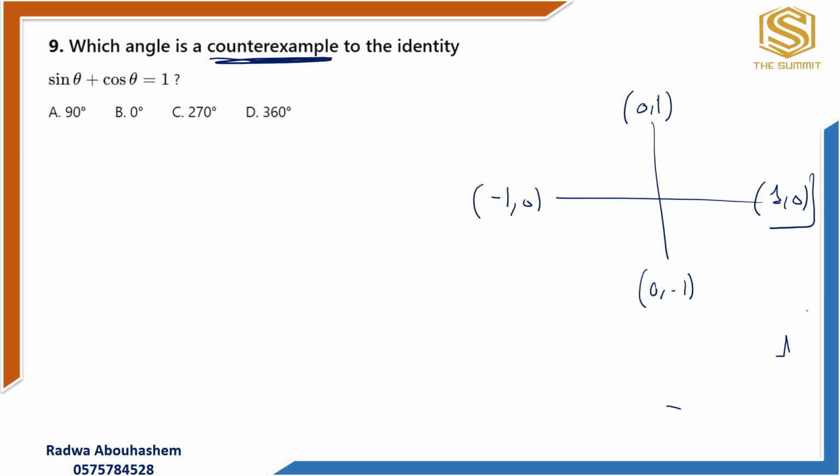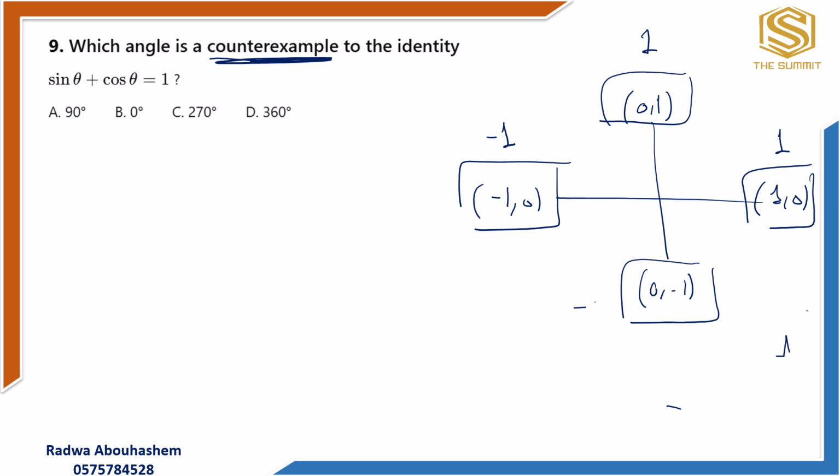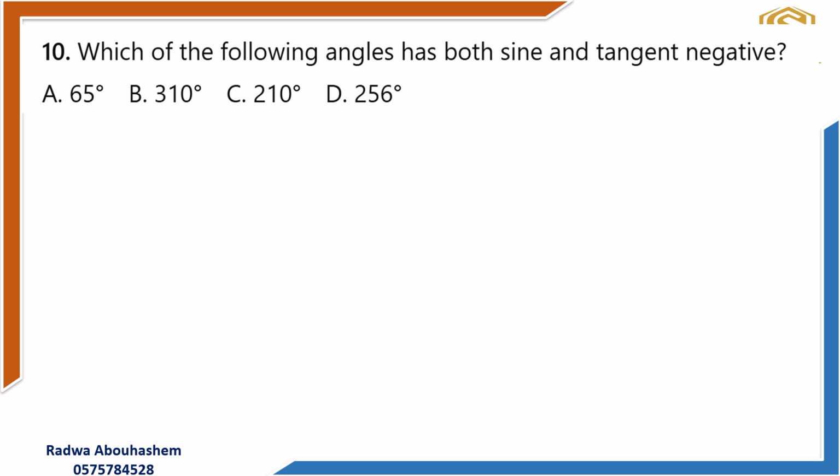If I add them here, it gives me 1. If I add them here, it gives me 1. If I add them here, it gives me -1. And here it also gives me -1. So the counterexample would be 180 or 270 because it gives me -1. So here's the answer.